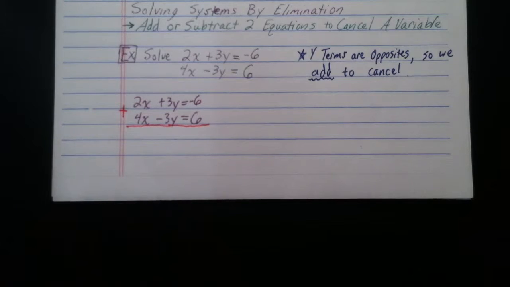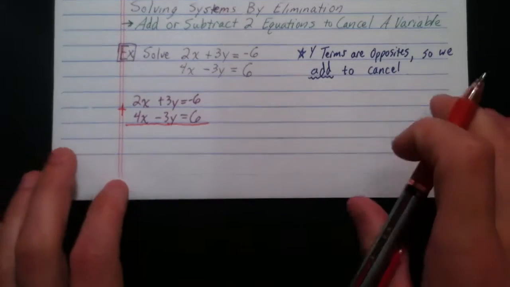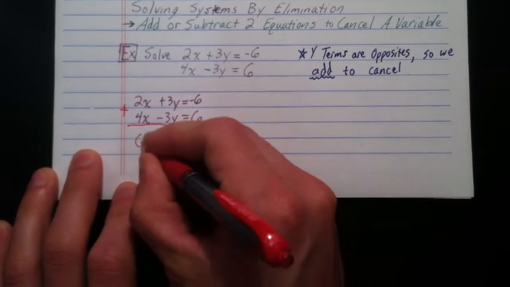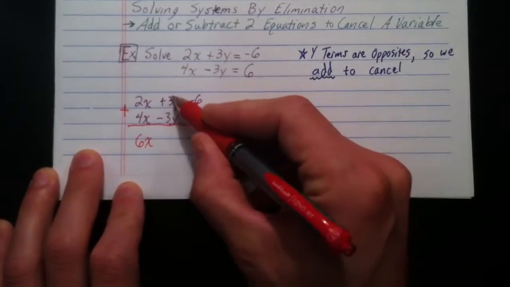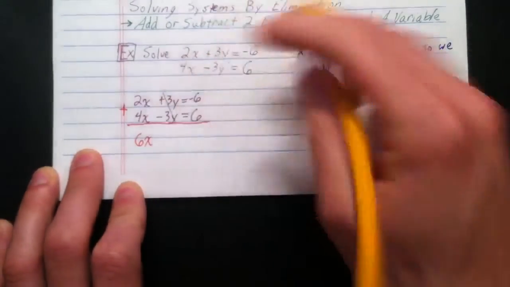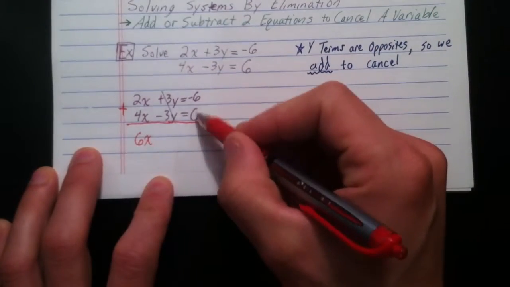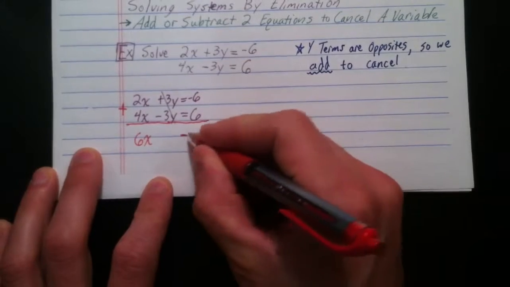So adding them up, we just look at everything vertically in columns. Adding 2x plus 4x is going to give us 6x. The 3y plus a negative 3y, those cancel. That would give us 0. And then negative 6 plus 6 also would give us 0.